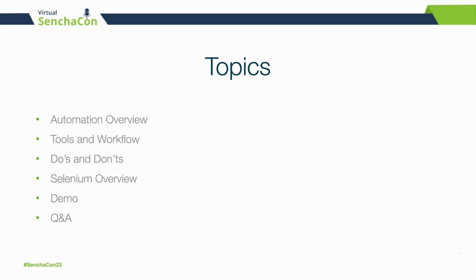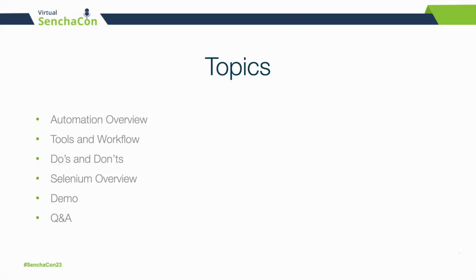Below are the topics I'll be discussing in today's presentation. Automation overview. What is automation? How and why? I have picked few tools and we will look at the categorization of those tools and we will look into generic automation workflow and we'll look at what are the do's and don'ts to follow while locating an element or elements in the Ext JS application.